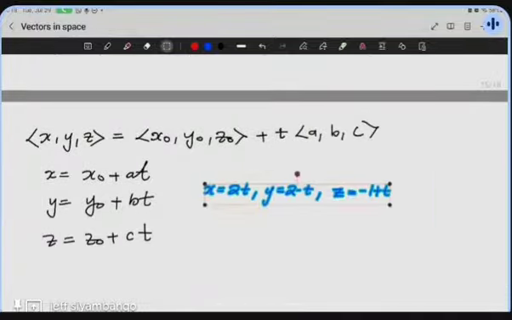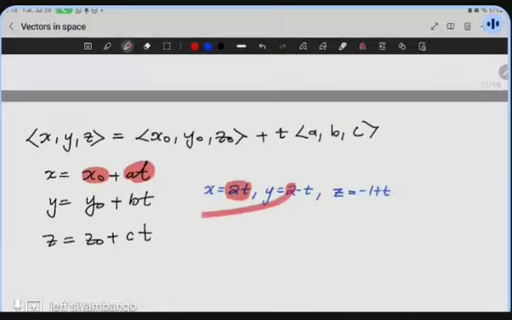Do you get it now? Since there's only 2t here, meaning there's only this part, it means that x0 is 0. So here I have minus t, it means that the 2 is the y0.